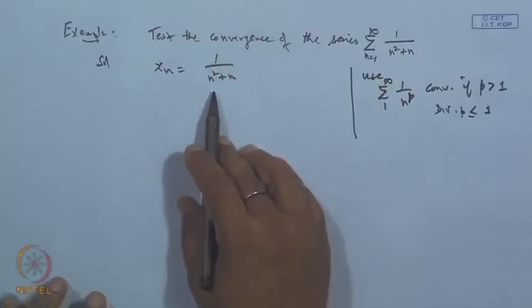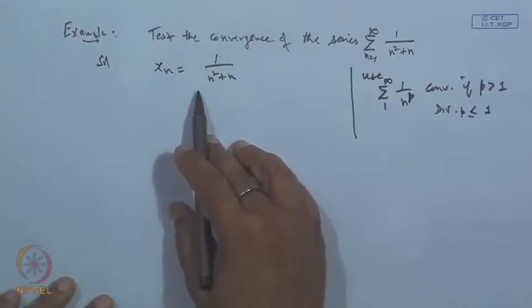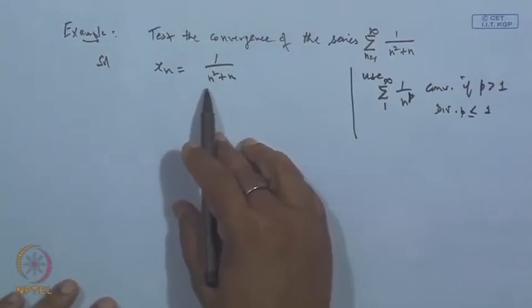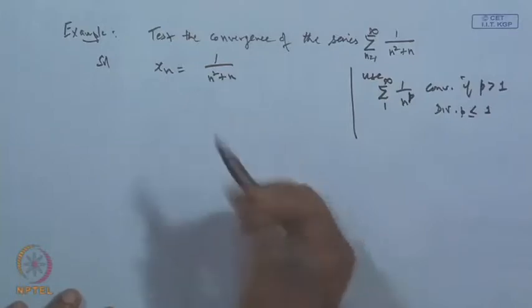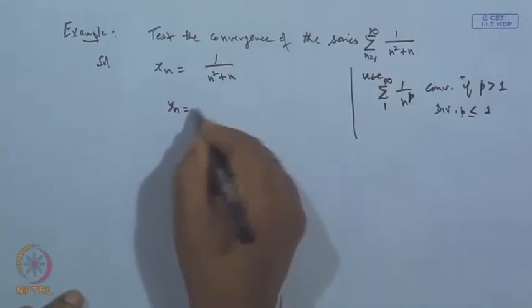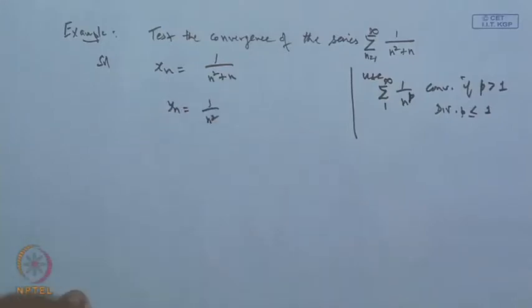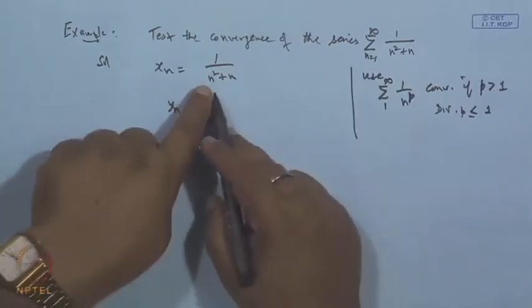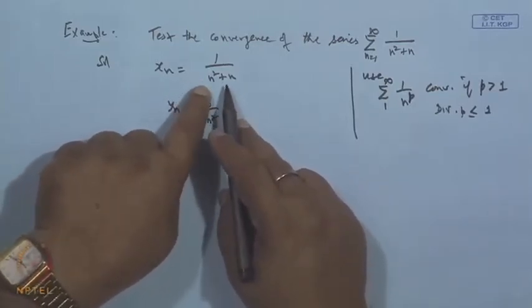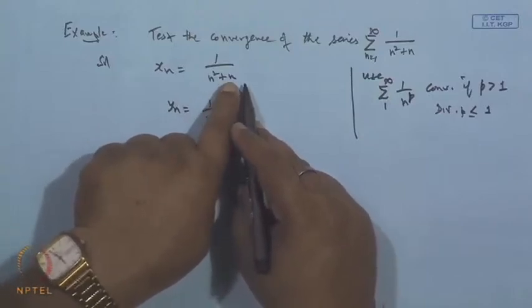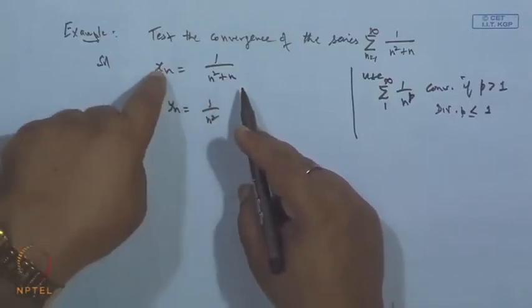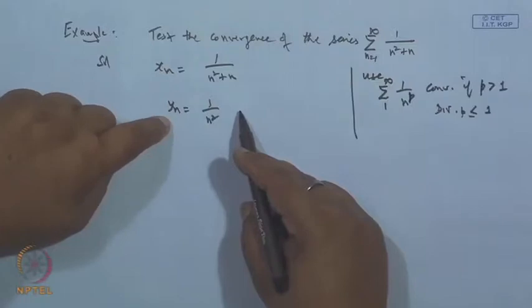common outside. From the denominator, take the largest power of n, n square, outside. Then if we choose y n to be 1 by n square, when you take n square outside, this becomes 1 over 1 plus 1 by n. So, the limit of x n over y n will exist.